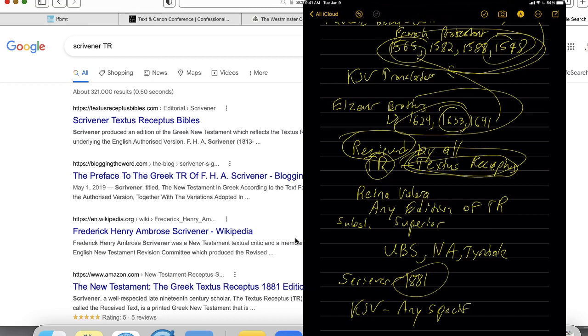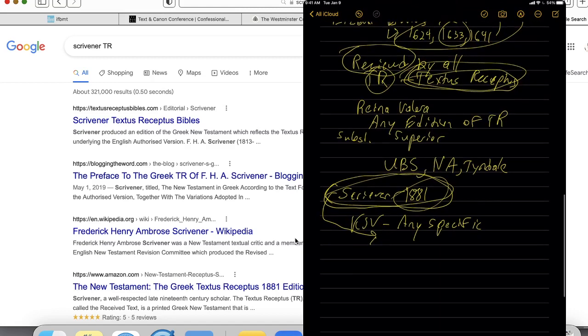So with the King James, Scrivener was trying to reproduce what would have been the Greek textual choices that the King James translators went with, okay? So this edition is very much available. And so I would say any of these editions of the TR are vastly superior, okay?